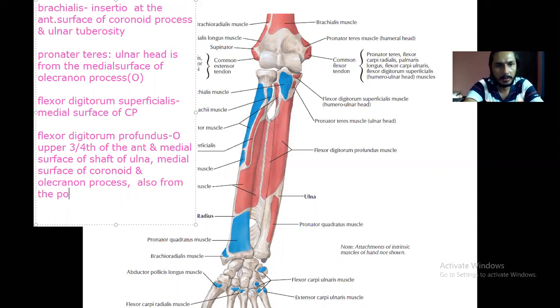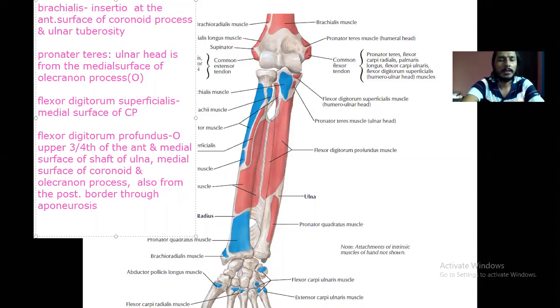Through this aponeurosis, three muscles will arise, not from the aponeurosis but through it. Just remember this thing, so along the posterior border also.